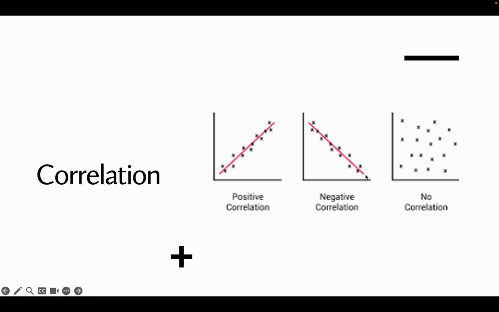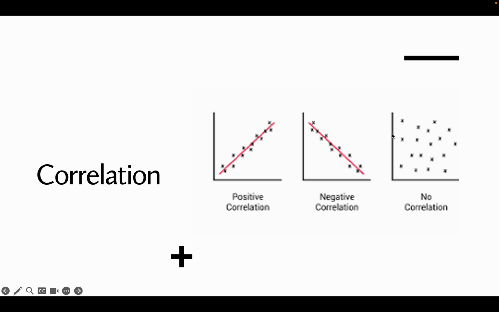I'm trying to think of a really good example for the negative correlation. But there you go. When one of the variables decreases, my weight decreases as I go on with calorie restriction. Maybe that's the way to put it.